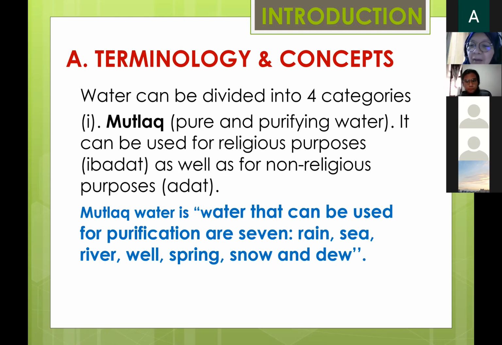It can clean that dirty surface. This type of water is called mutlaq water. For Muslims, if they want to take ablution, they have to use mutlaq water. We cannot use other water. Also, not only for ablution, if you want to take a shower or whatever, you use mutlaq water, because it is pure and it can cleanse.